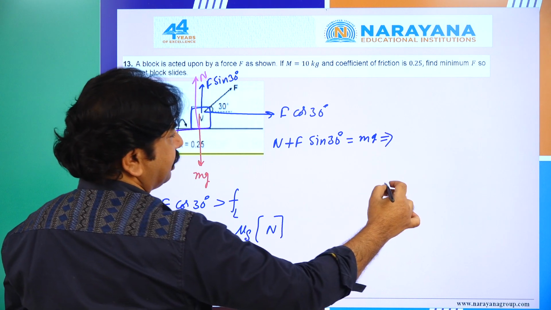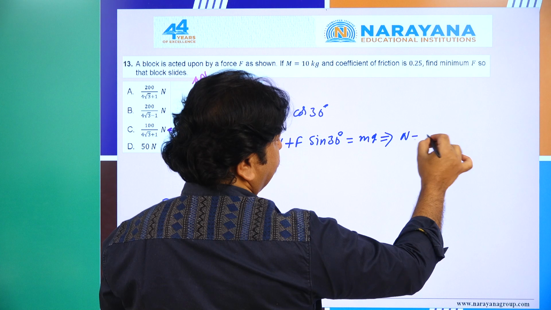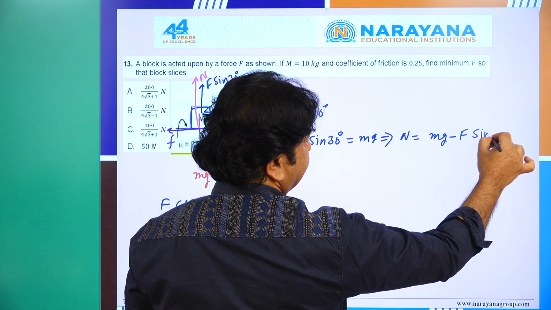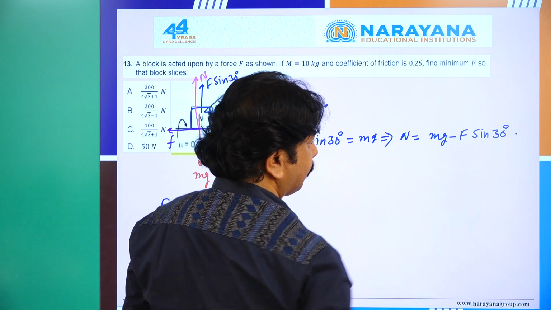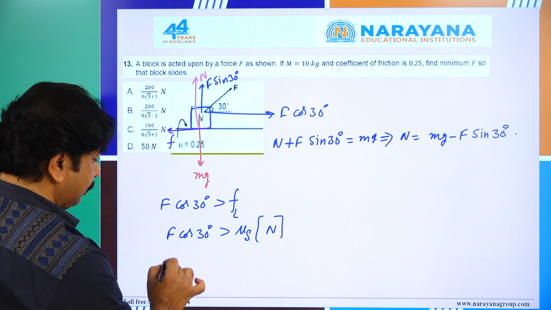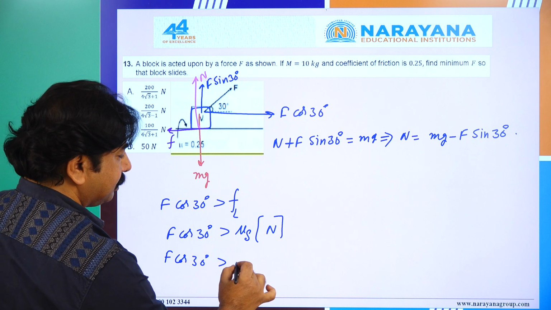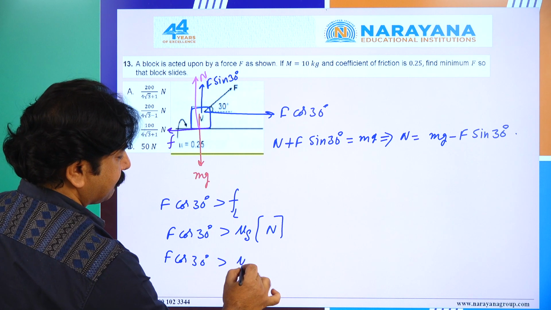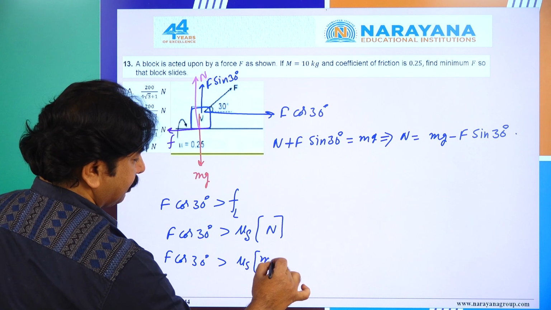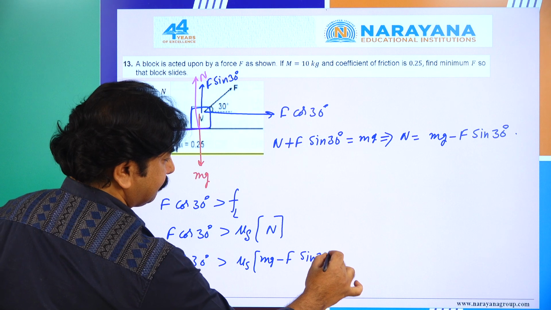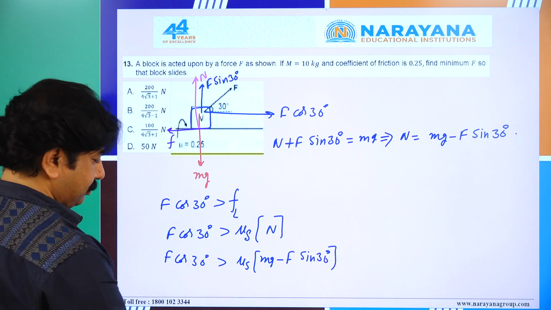So that implies N is equal to mg minus F sin 30. Substitute here: F cos 30 greater than mu s into (mg minus F sin 30). That is the condition for motion.